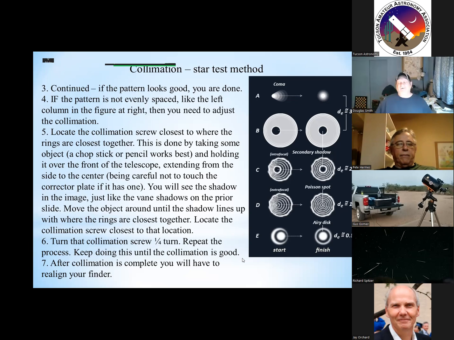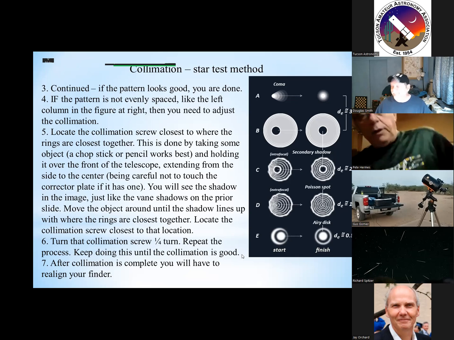Okay. Thank you. And one thing you always have to remember is that after you've changed your collimation, you are definitely going to have to realign your finder scope, because you've changed the tilt of the mirror. Your finder scope is not going to be lined up anymore. Always remember that. I always have to remind myself, because I have forgotten to do that on numerous occasions, and then I wonder why, when I point at something, it isn't in there.